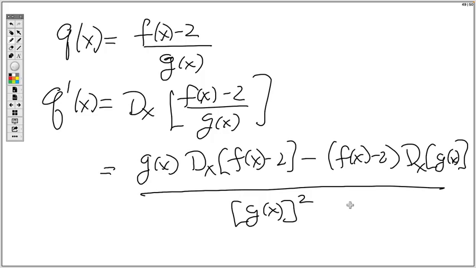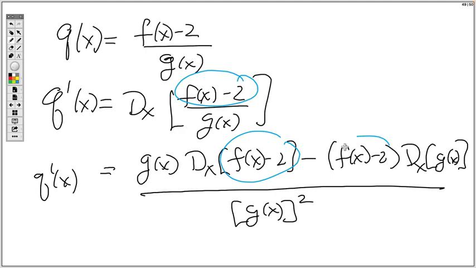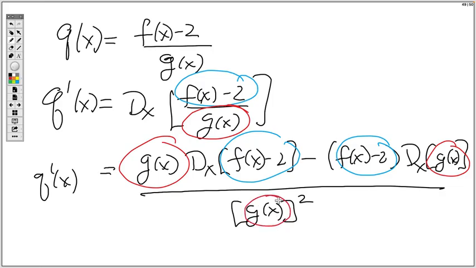So this quotient rule works for any combinations you've got like this. Everyone good seeing where we're filling in the pieces here? So f of x minus 2 is the high function. G of x is the low function. You good with that?